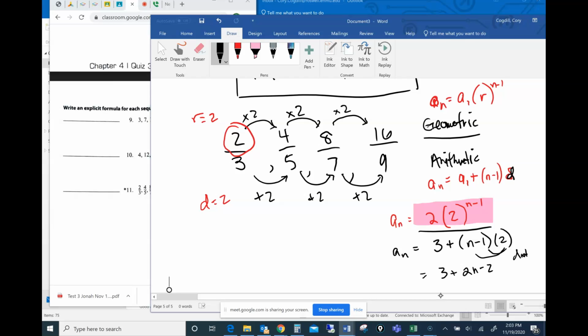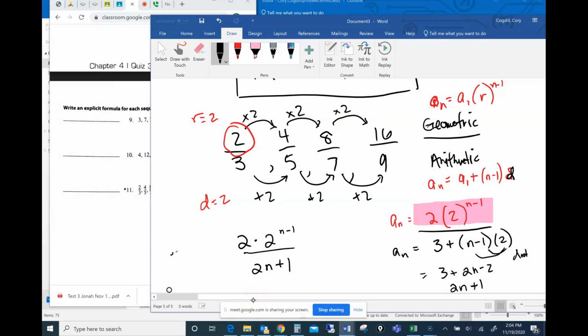So we're going to add the like terms. 3 minus 2 is positive 1, right? So rewriting this, we get 2 to the n minus 1 over 2n plus 1.